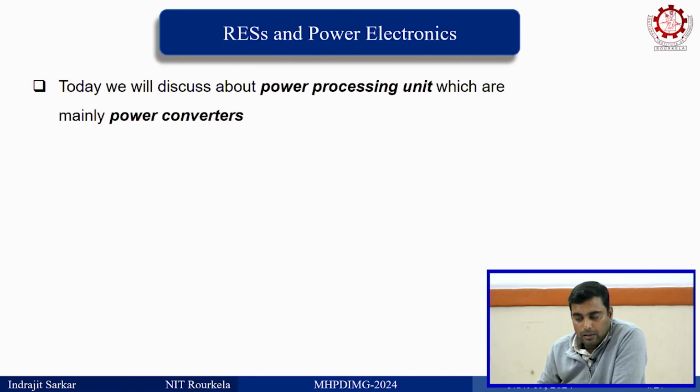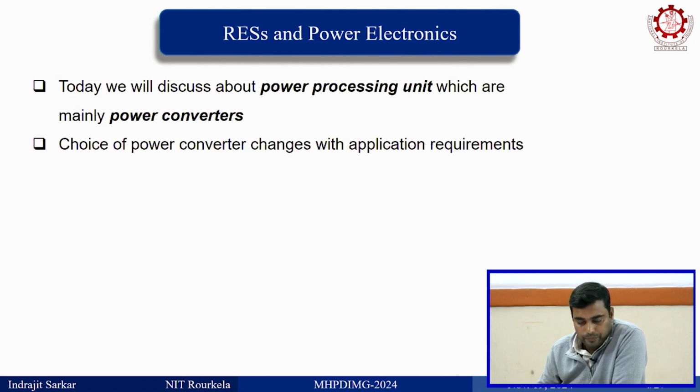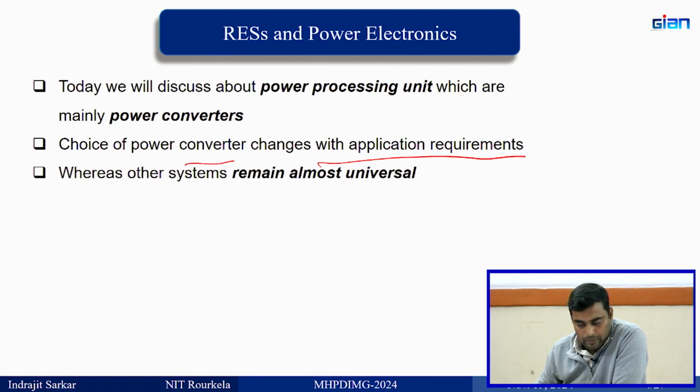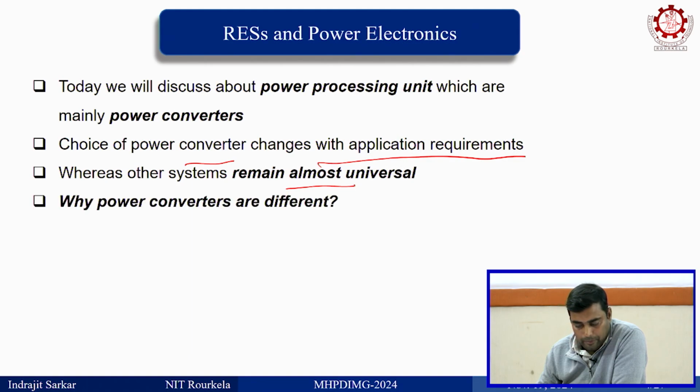So today we will discuss the power processing unit, which is mainly the power converter. I already told you that the choice of power converter changes with application requirement. It depends on what you want, and depending on that it is going to change. The rest of the system will almost remain the same.